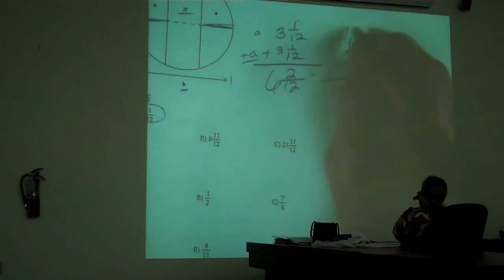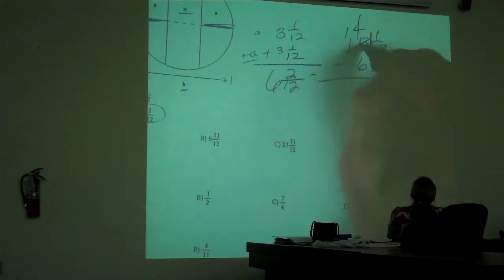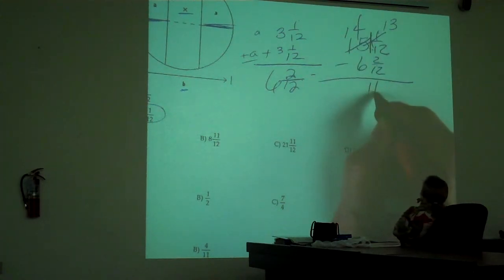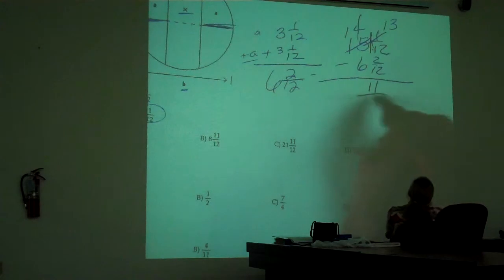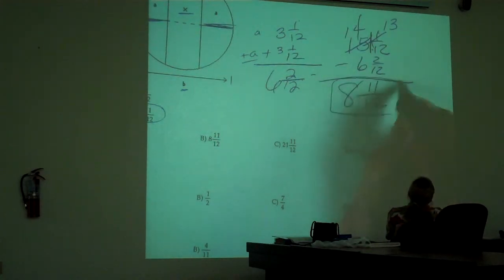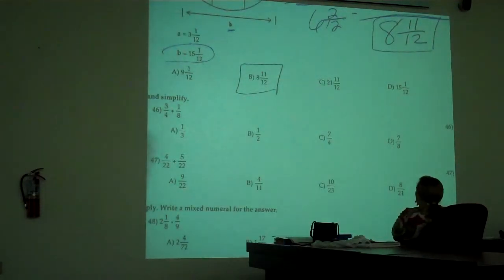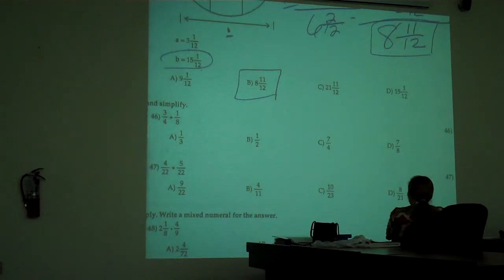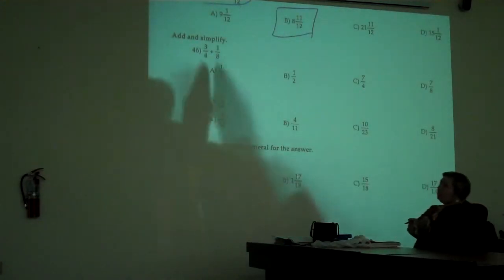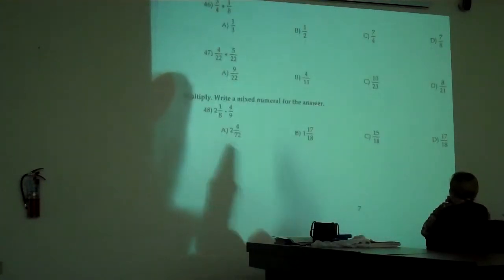We need to borrow. 12 and 1, 13 minus 2, 11, right? 14 minus 6. So that's B, 8 and 11/12ths. There's some more to practice on adding. You have to get a common denominator if there's not one. That one you can do on your own.